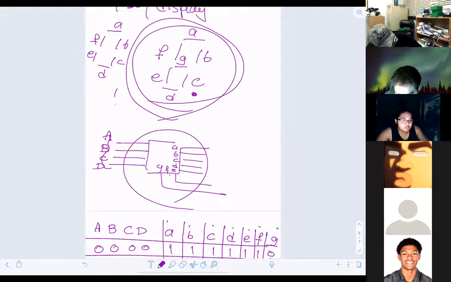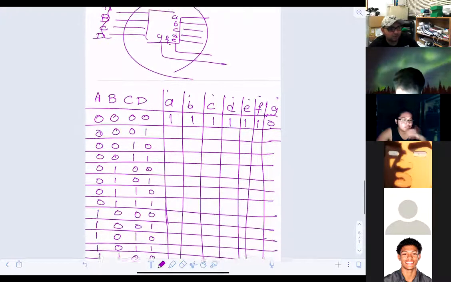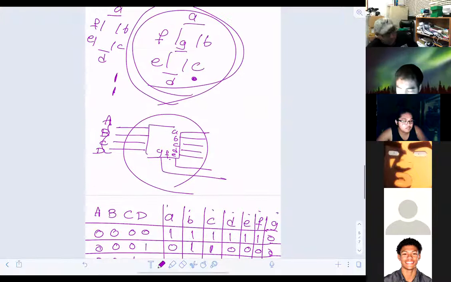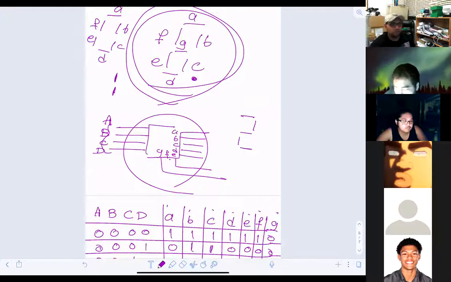Now, what is the number we need to write after 0? 1. So B and C are 1 and the rest are 0, right? Then what is the second number? It's gonna be like this. What is this? 2, right?